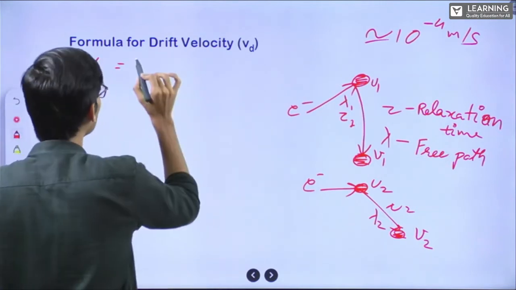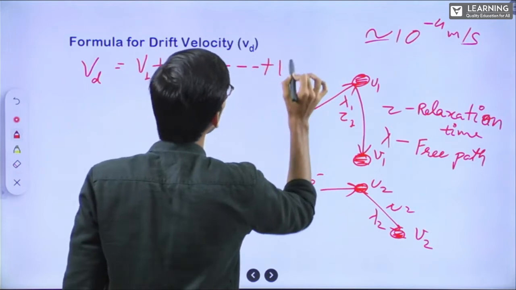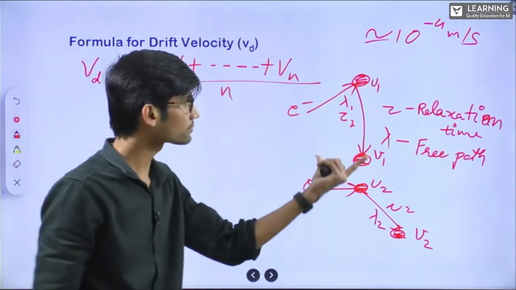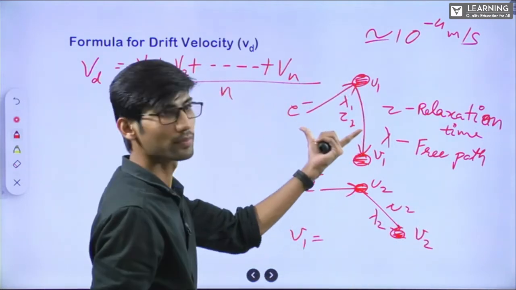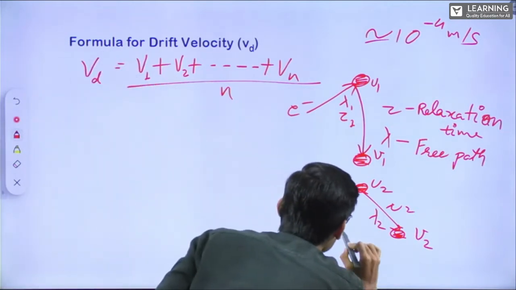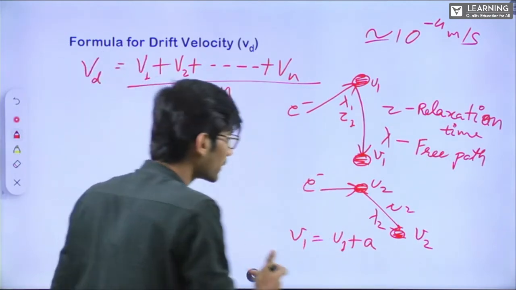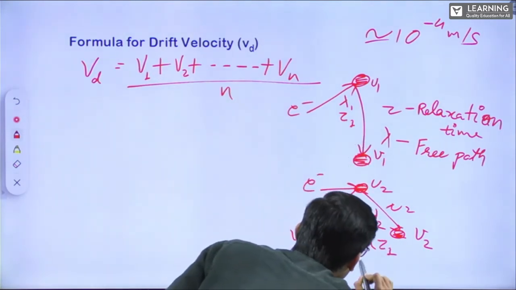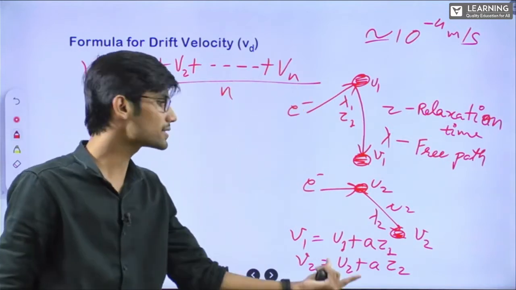Average velocity means V1 plus V2 plus so on till Vn divided by n. Now what is V1? Can you tell me what is V1? V is equal to U plus AT, yes or no? That is U1 plus acceleration A that we have already taken out, T is tau 1. V2 will be U2 plus A tau 2, correct? Vn will be Un plus A tau n.